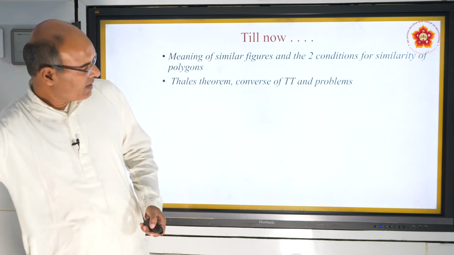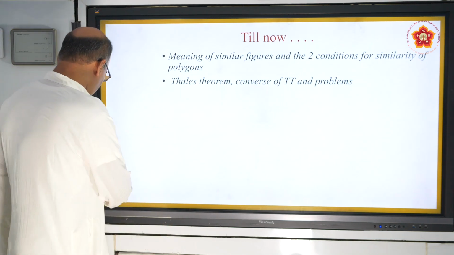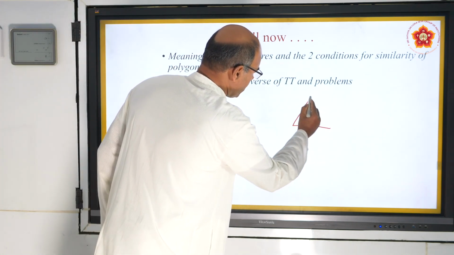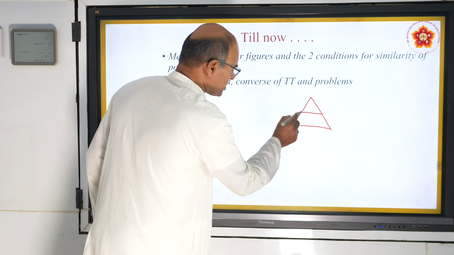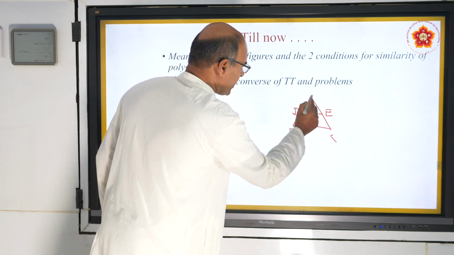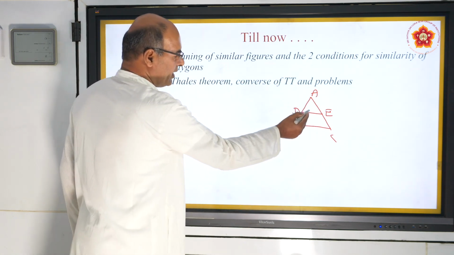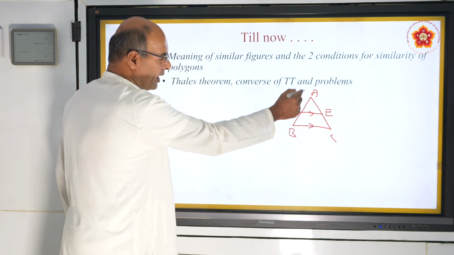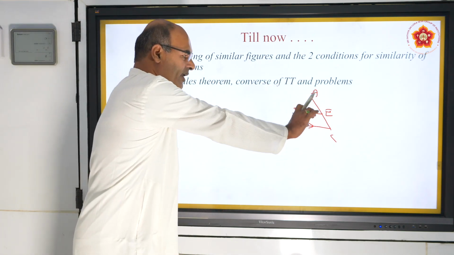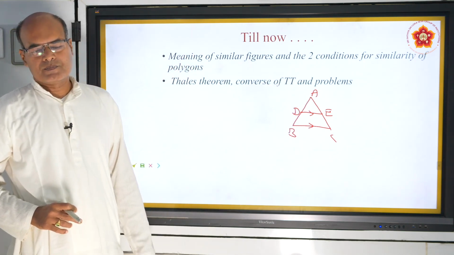The theorem states a straight line drawn parallel to a side of a triangle divides the other two sides of the triangle proportionally. If DE is parallel to BC of triangle ABC, then DE divides AB and AC in the same ratio, that is AD by DB is equal to AE by EC.